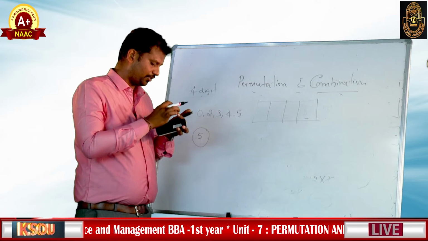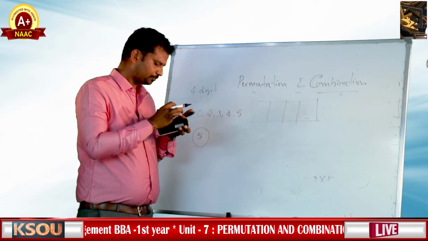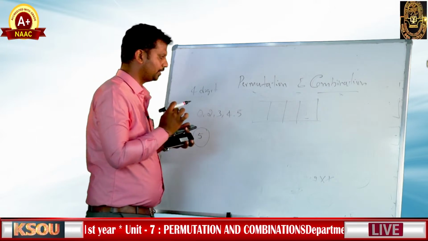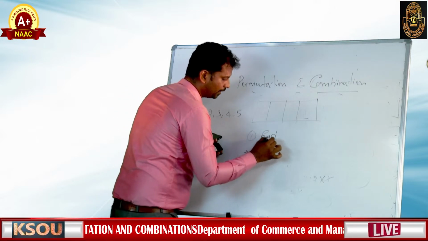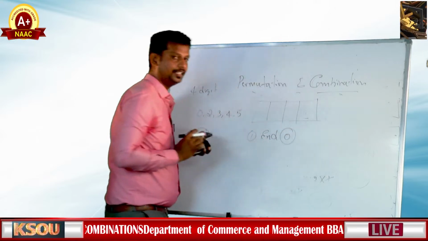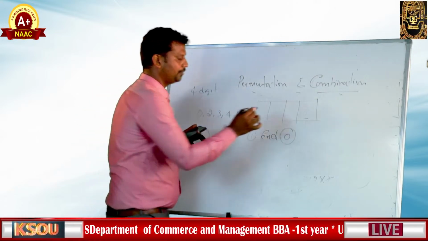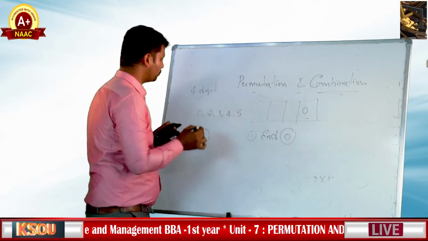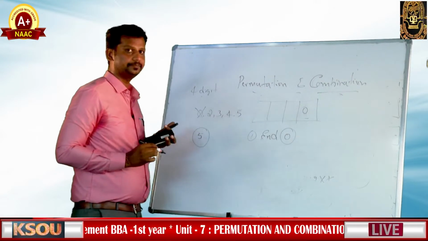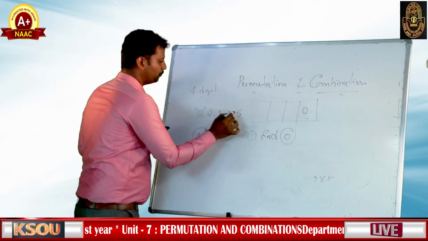The first case is when the end number is 0. What are the possibilities? This place is done. What remains is 2, 3, 4, 5.